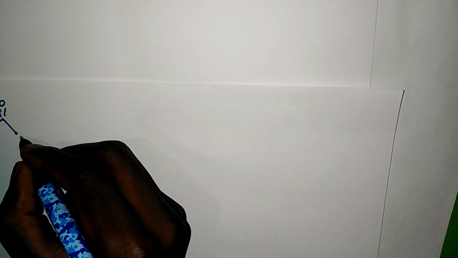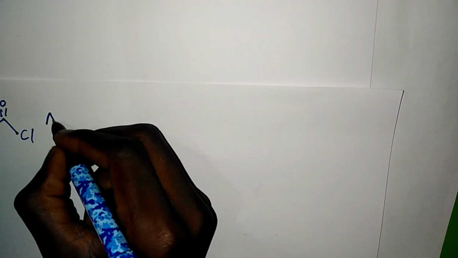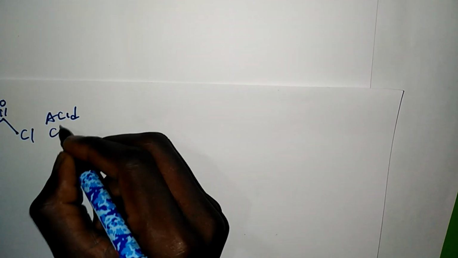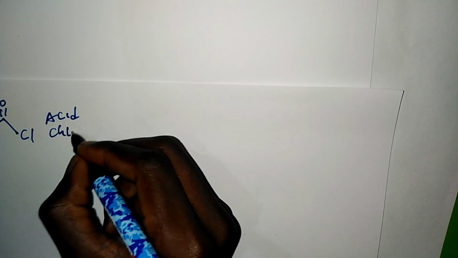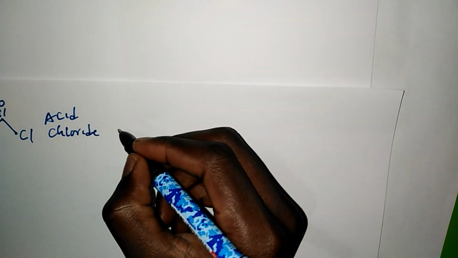So what if you have a functional group like this? We'll have the carbonyl carbon, and then we'll have a halogen at the end. So this particular functional group, you can call it an acid chloride.